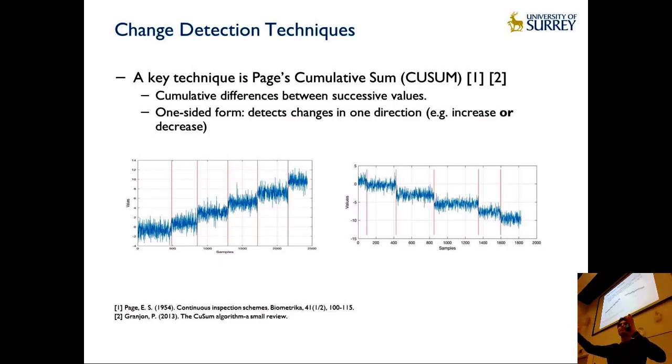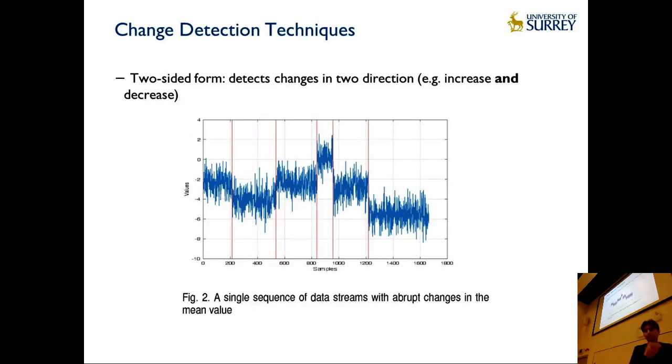Then you have an expanding window, you expand it till you find a change point and you start a new window. And then there are different algorithms which can detect a change in one direction or in two directions, depending on whether you're sensitive to both ends of the standard deviation, increasing and decreasing, or you're just looking at one level of it. The most common algorithms are looking at changes in two directions.